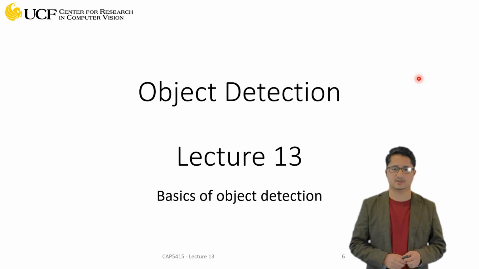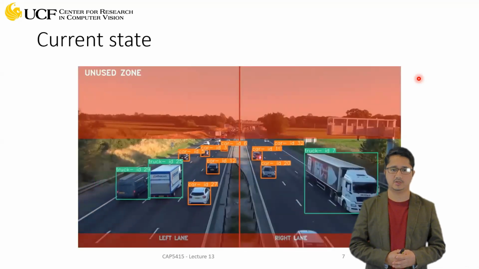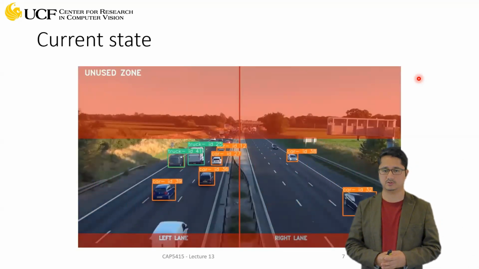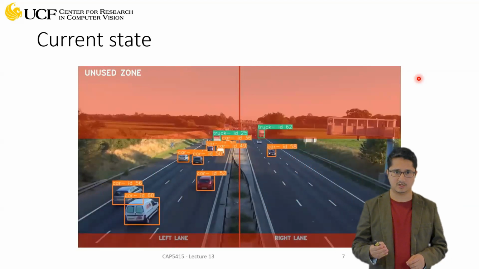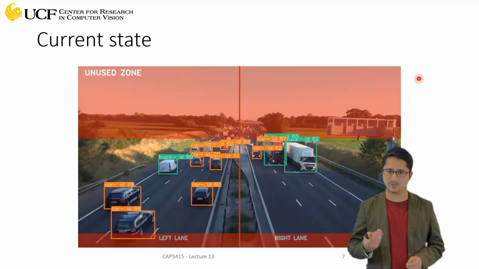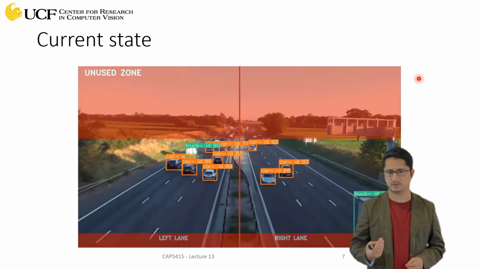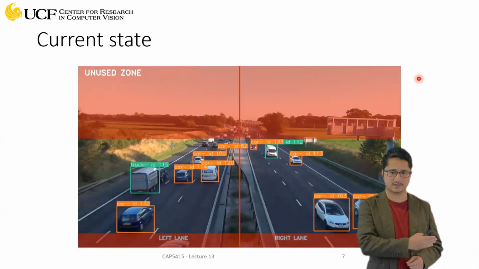Okay, so let's start with the basics of object detection. Before we start, let me give you some nice results which we can actually get today using these deep learning algorithms. I'm showing you a video which is a surveillance video, streamlined, and this is a state of the art algorithm.